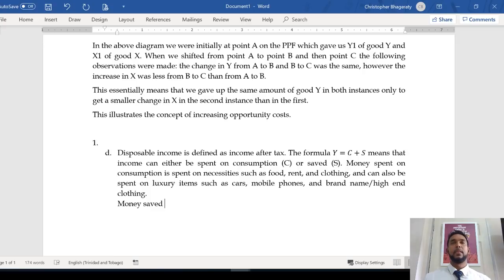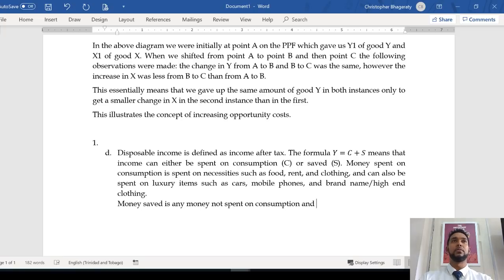Money saved is money, well, first of all, you can start very simply, is any money not spent on consumption, right?